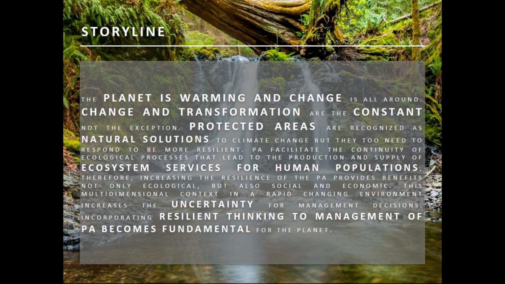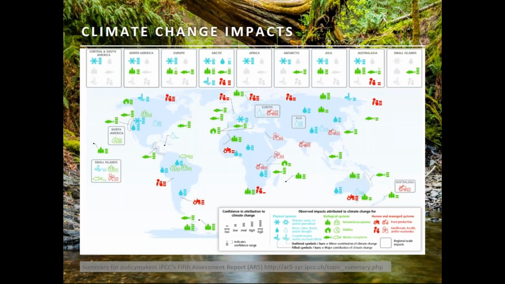And with a huge area of change and transformation, resilience thinking and management of PAs are truly important. So the next slide shows you what I believe is one of the best graphics of the fifth assessment report of the IPCC. And it shows the observed impacts attributed to climate change.